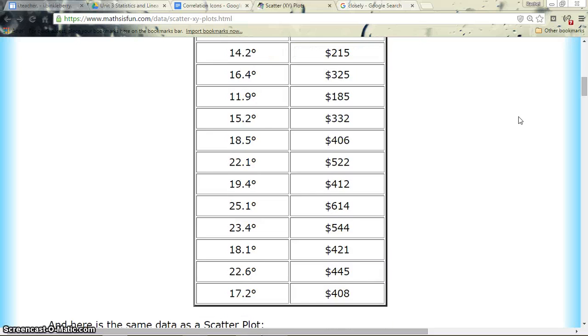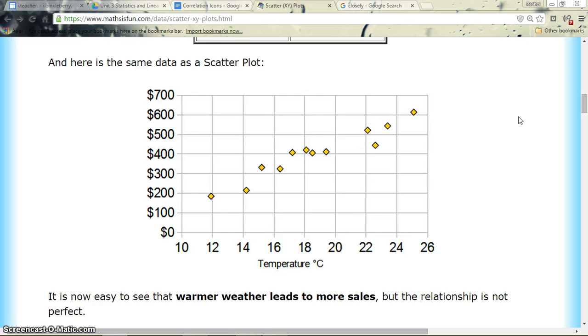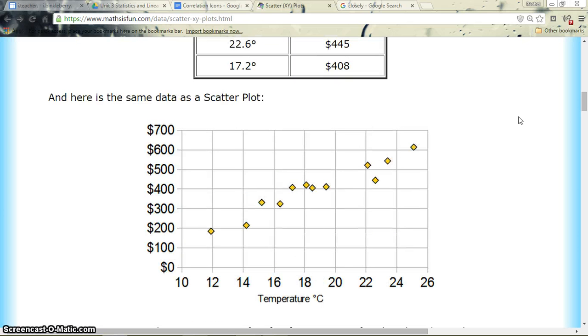If we arrow down on this website, it gives us the scatter plot, and I can tell even before I find my correlation coefficient that it's going to be pretty close to a positive 1. If I were to draw a straight line through those points, they would all be pretty close to the line.